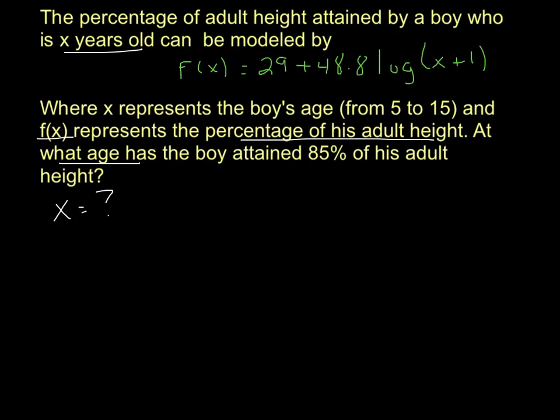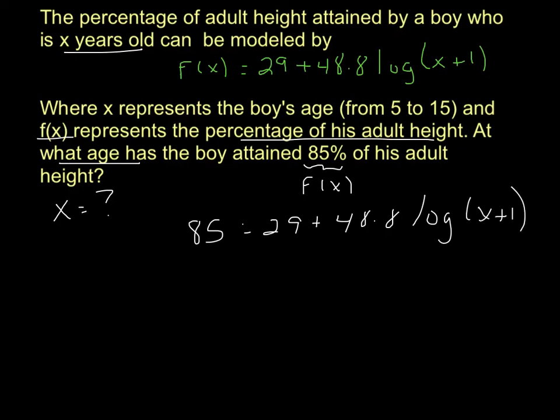So what is the 85% going to be? Well, that's going to be our f of x. It says f of x represents the percentage of the adult height. So in place of f of x, we're going to put in the 85. We'll have 29 plus 48.8 times the log of (x plus 1).